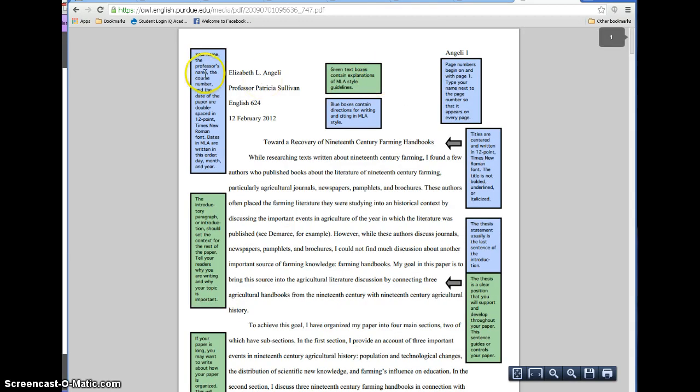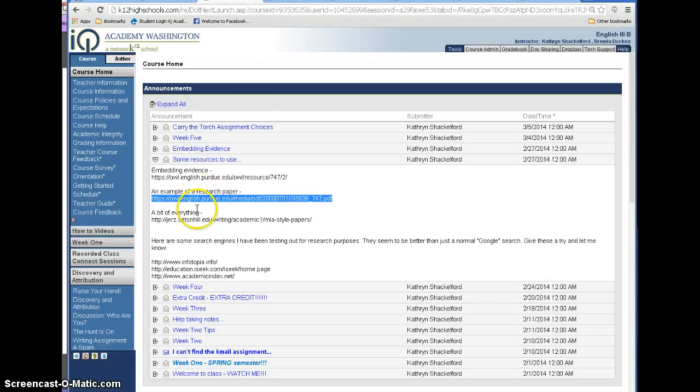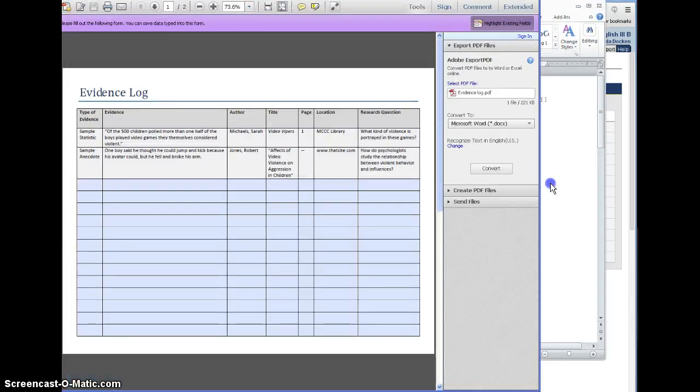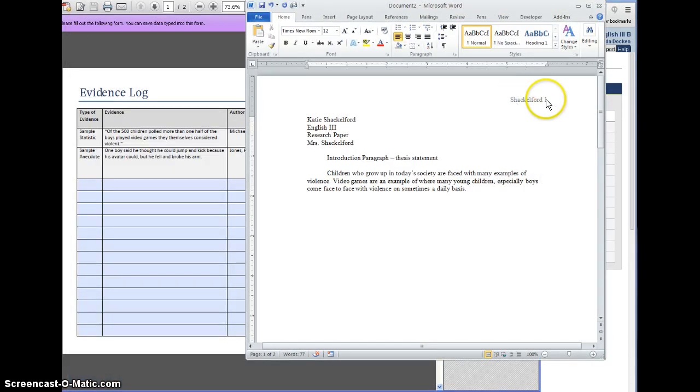It has little sticky notes that explain what needs to be where and why it's this way and where your thesis statement should be. So check out these resources because, like I said, I think that they will prove to be quite useful.